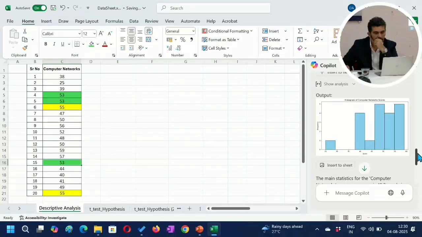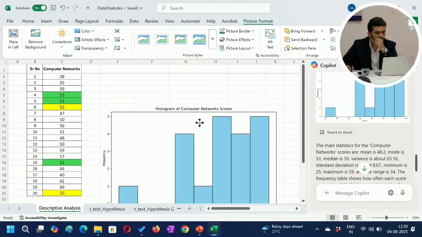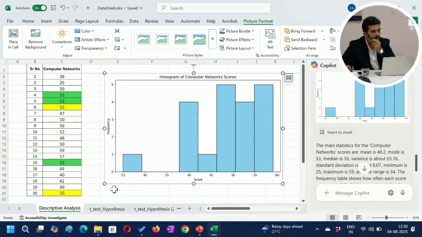And then the histogram. This is a histogram. Insert to the sheet. Now the histogram is inserted in the sheet. So how to understand a histogram: between 25 and 29, values are not repeating, 25 only once. Between approximately 37 and 42, there are 4 values.